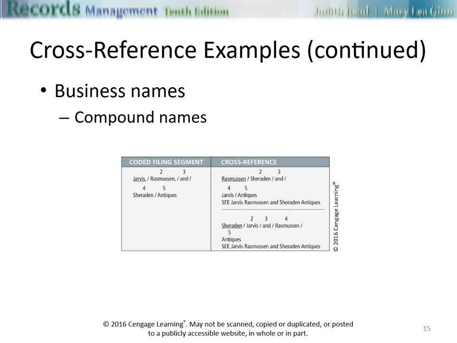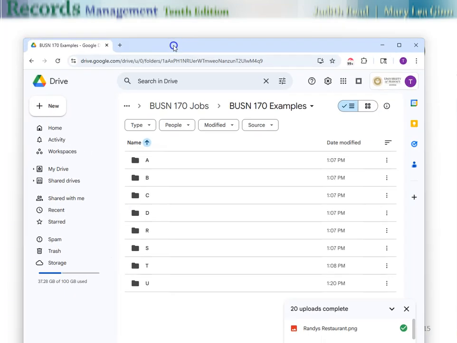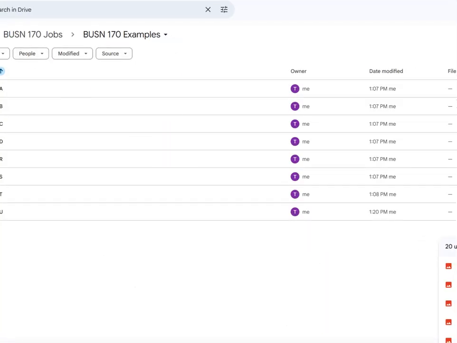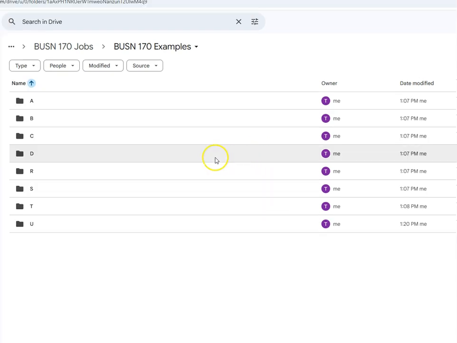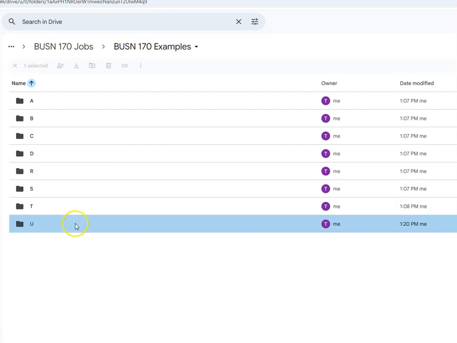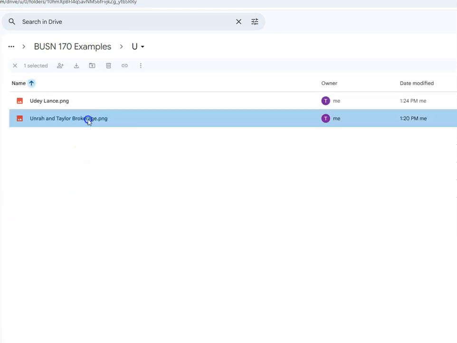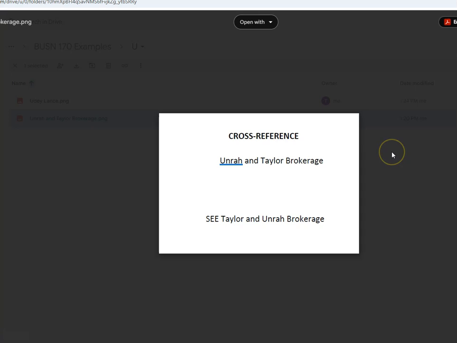Let's take a look at a really simple example. Let's say there's a brokerage firm, and I think it's something like Unruh Brokerage. So I'm going to go to U for Unruh. That opens up a cross-reference sheet, which basically tells me that Unruh isn't the first part of the name. The full name is Taylor and Unruh Brokerage.